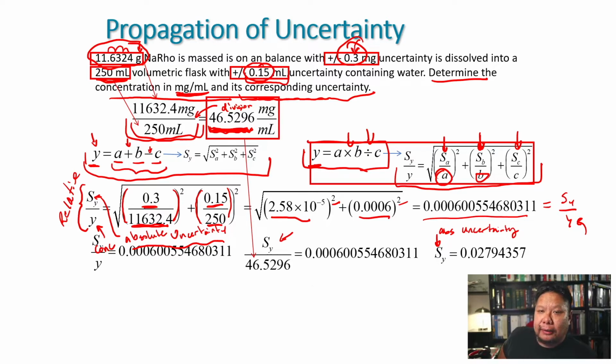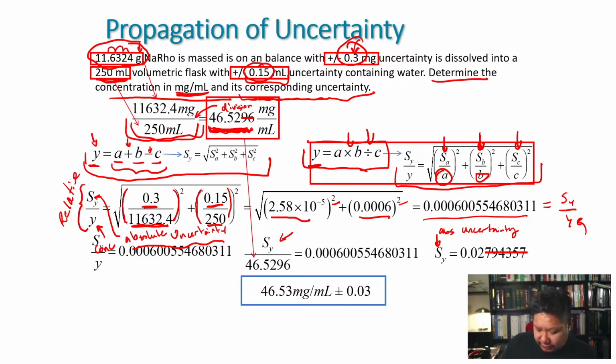And again, that's a very long number, and honestly, generally we don't even like to report uncertainties with more than 2 digits. But the more formal way of doing this is deciding by significant figures. If you look at the original problem, the lowest number of significant figures in any measurement up there is the 250 mils, which has 2 significant figures. So we will round it to 2 significant figures, and that gives us an uncertainty of 0.03.